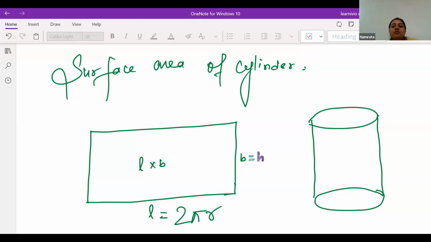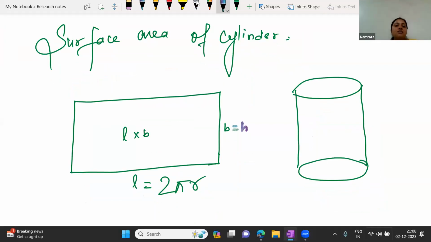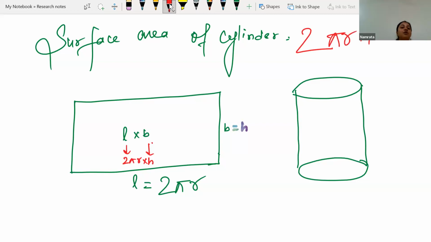Now the previous area of our rectangle was length times breadth. Now this area will get customized into length, meaning 2 pi r, and breadth, meaning h. Hence, the formula for surface area of the cylinder is 2 pi r h. Where did it come from? It came from the product of the circumference and the height. Getting it?